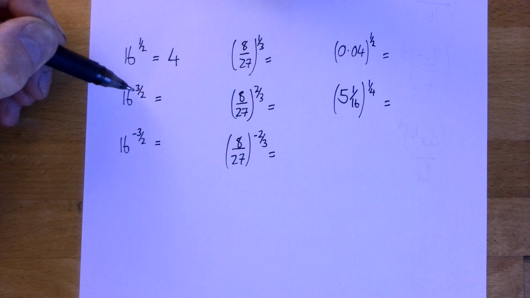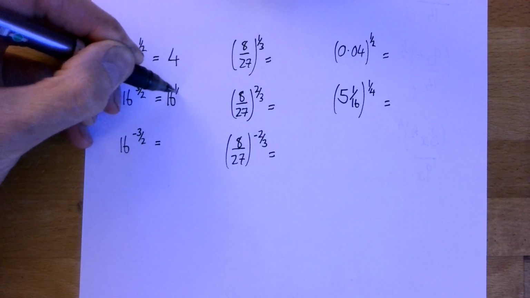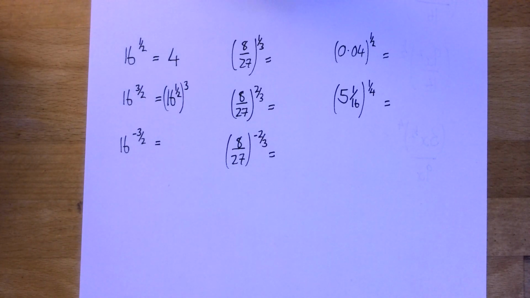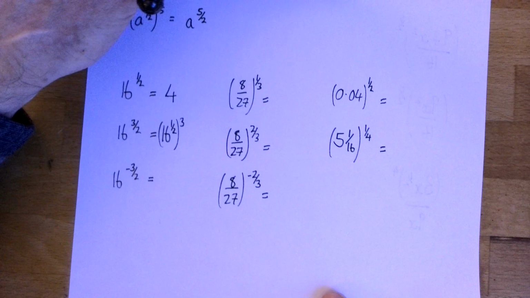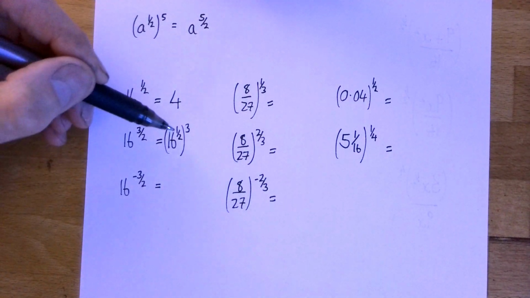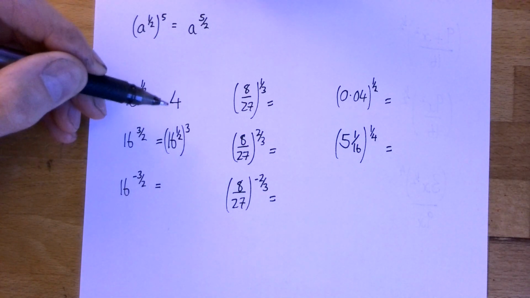So 16 to the power of 3 over 2, well, that is 16 to the power of a half, cubed. Remember this rule up here? Multiply. Now 16 to the power of a half we've just worked out. It's 4.